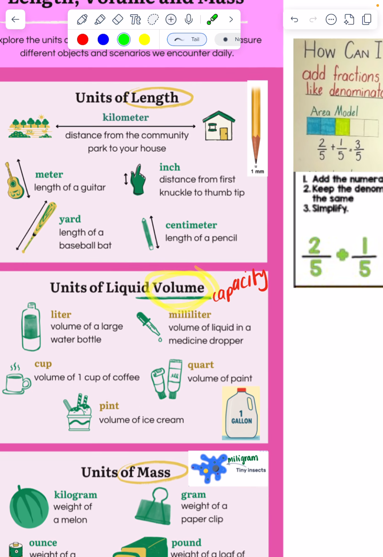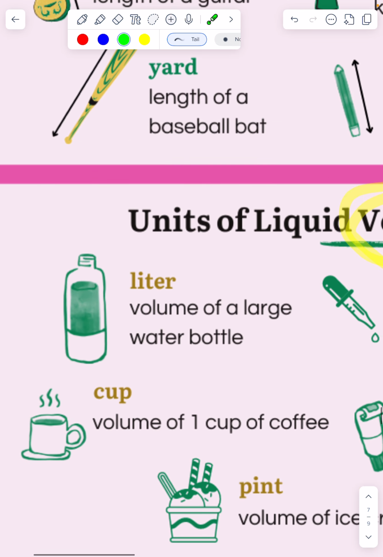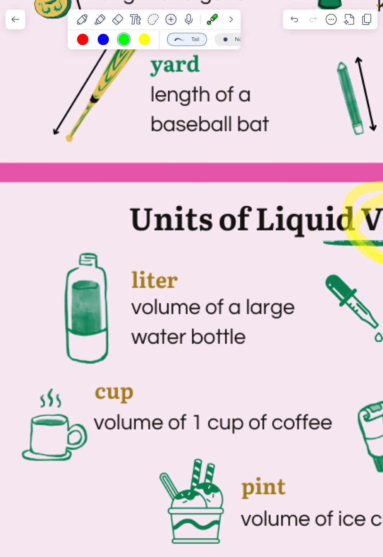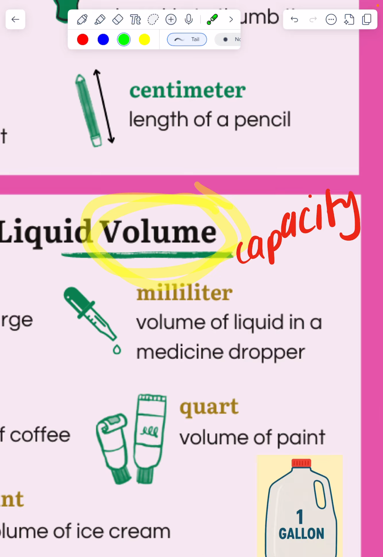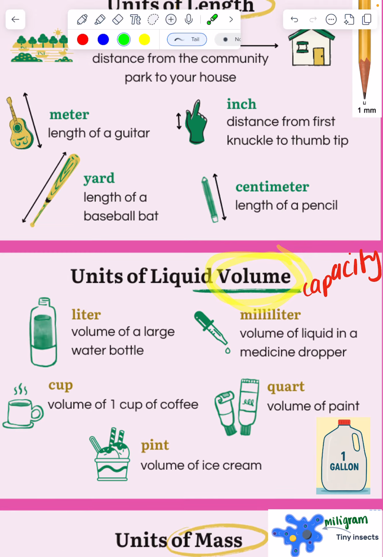What we see is that a liter is approximately the amount of liquid needed to fill a large water bottle, whereas a milliliter is the amount of liquid that takes up the space in a medicine dropper. We know that question was asking for half of a liter. So what I would do if I was thinking aloud this question is ask students, will half of a water bottle fill up a glass of water, or will half of this medicine dropper fill up a glass of water?